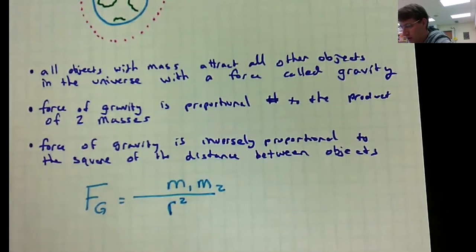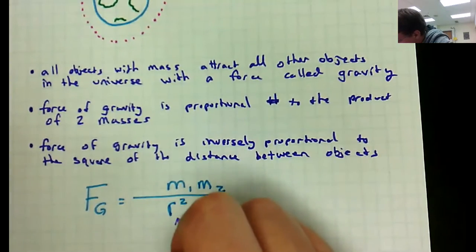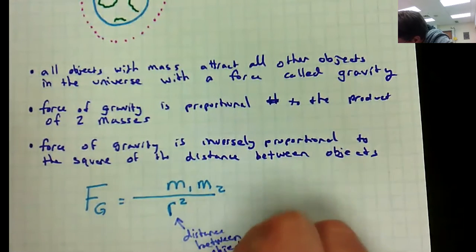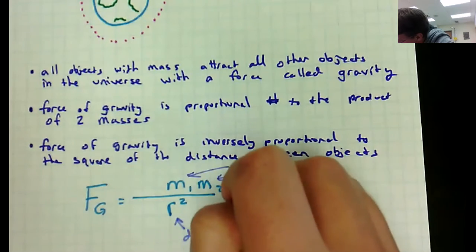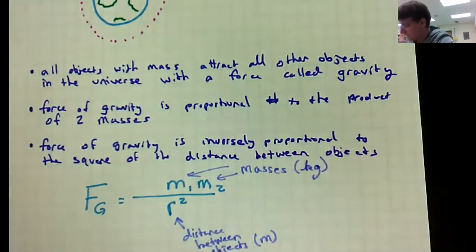So I'm going to call it R, but R just stands for the distance between objects. And this has to be in meters. And the M1 and the M2, they stand for the masses, and those need to be in kilograms.